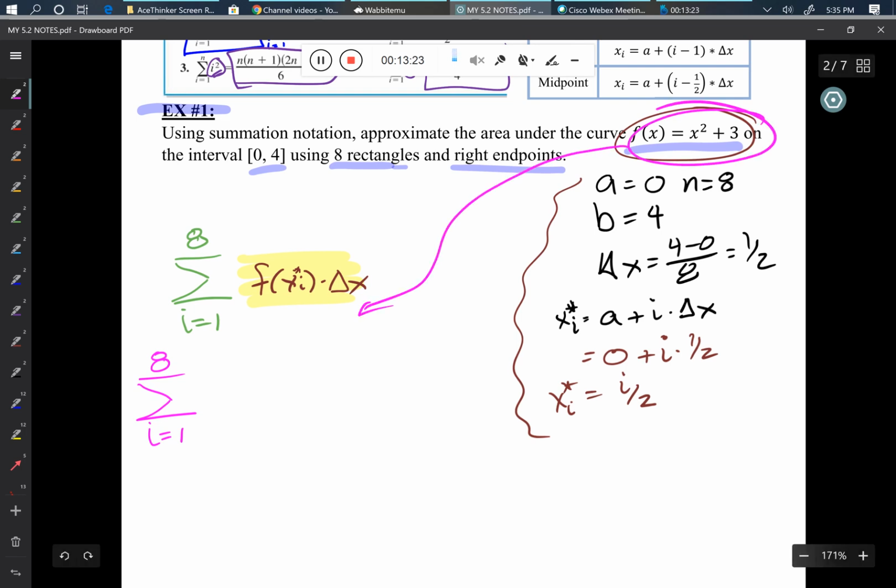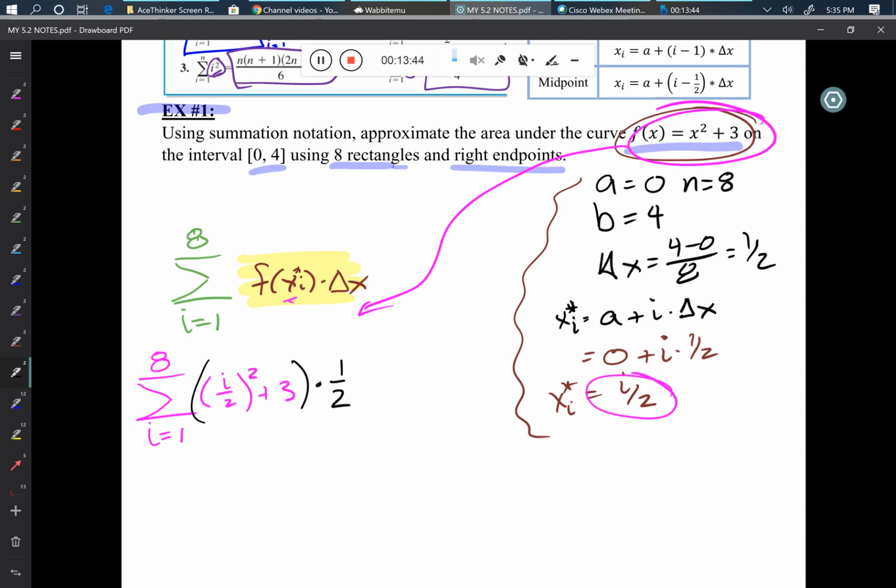So I need to drag this down here, but fill in the x with the x sub i of i over 2 squared plus 3, and then that whole thing needs to be multiplied by 1/2. Now I'm going to stop right there and just talk about what each of these pieces are. This is the function, that's the f. This is the delta x. That's the delta x. Right?